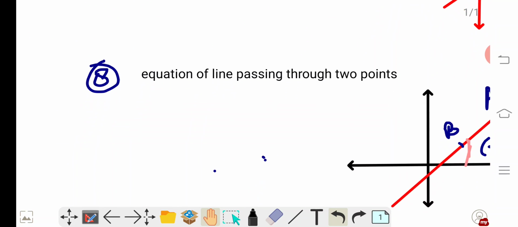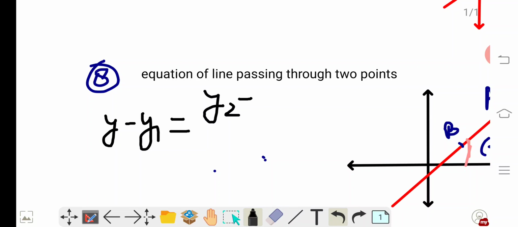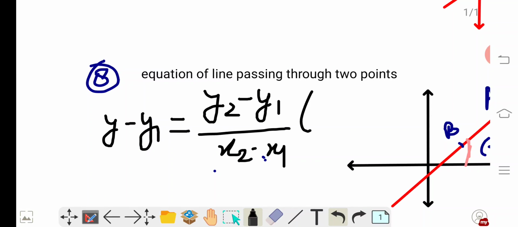Here y minus y1 will be the same, but instead of m we use the two points, so we write the value of m, the slope of the line, as (y2 minus y1) upon (x2 minus x1), and within brackets we get x minus x1. So this is the equation of a line passing through two points. I hope you understand.